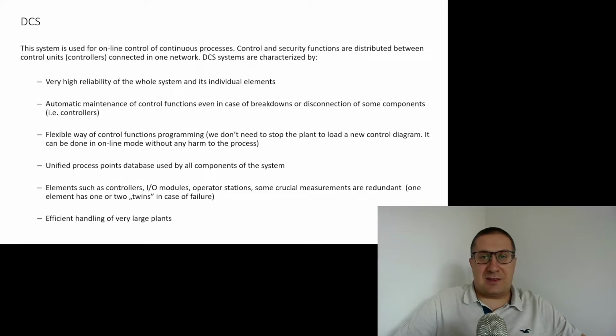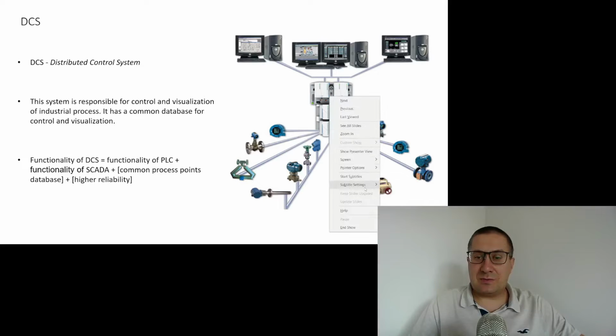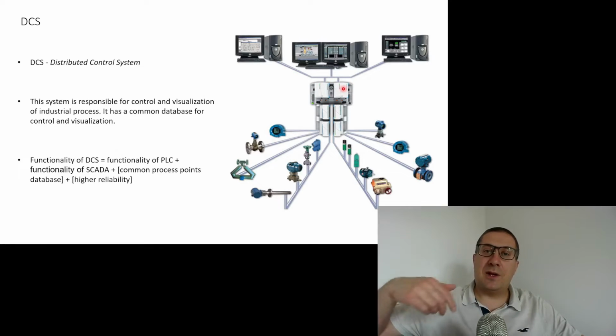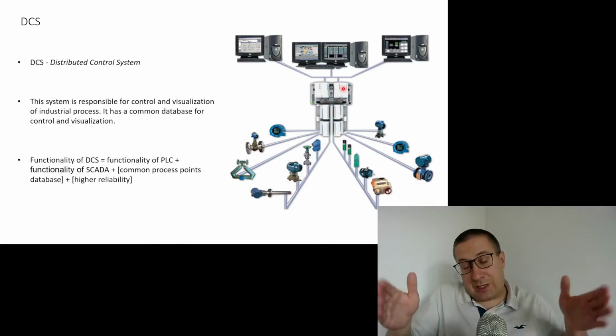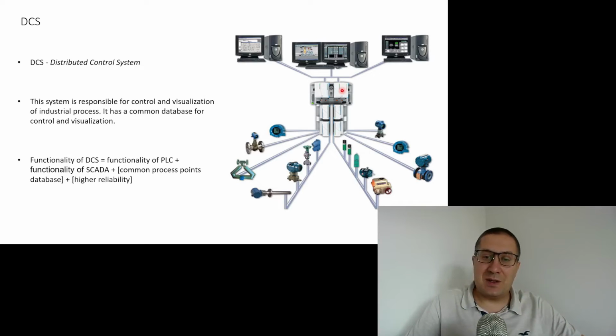Many elements of a DCS system are redundant. If we have those controllers, usually it's a pair of controllers that are twins. If there is a failure associated with one of the controllers, another one will take the responsibility for controlling the plant or part of the process associated with this controller.